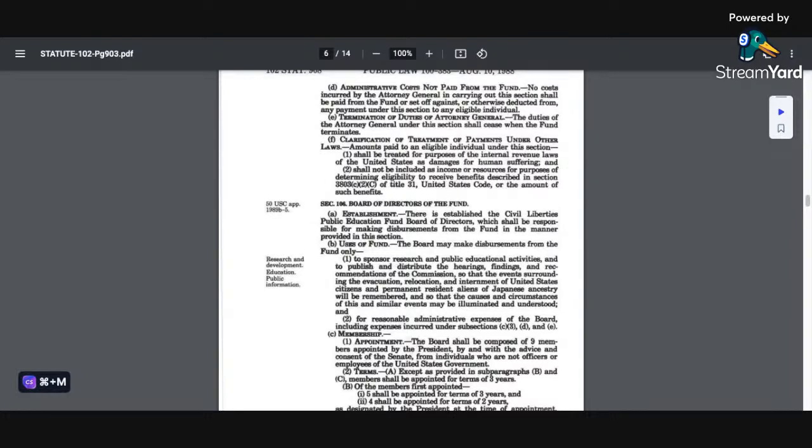That's kind of saying the IRS can't tax you on the money that you get from the payment, and they say it's because it's damages for human suffering caused by the United States.